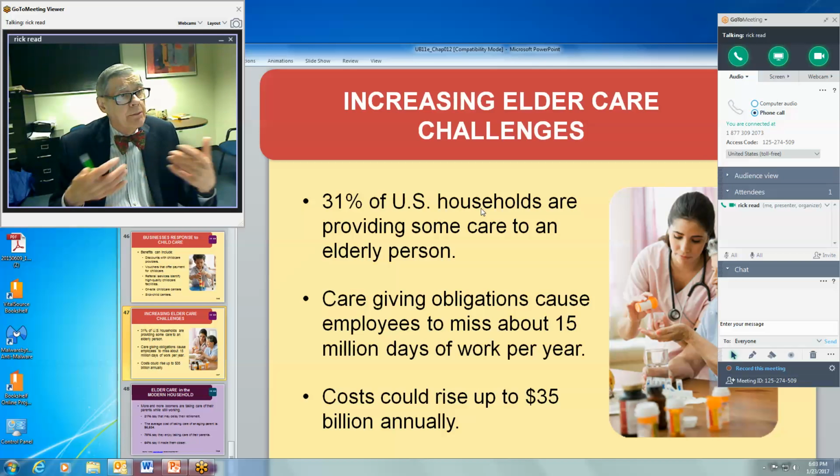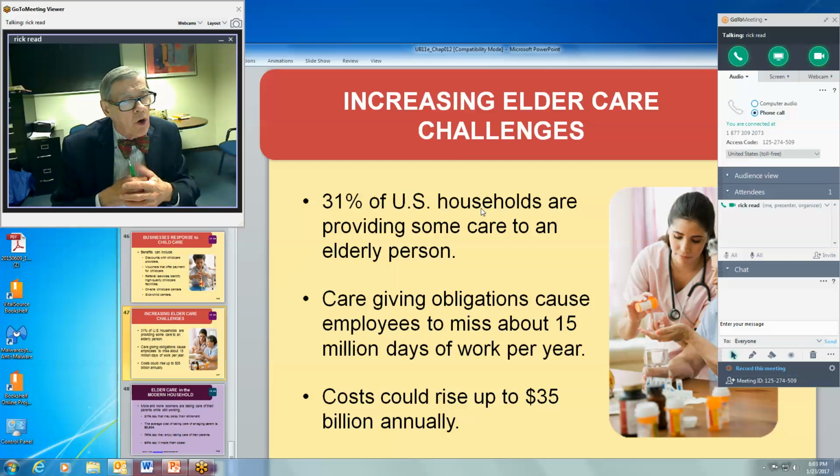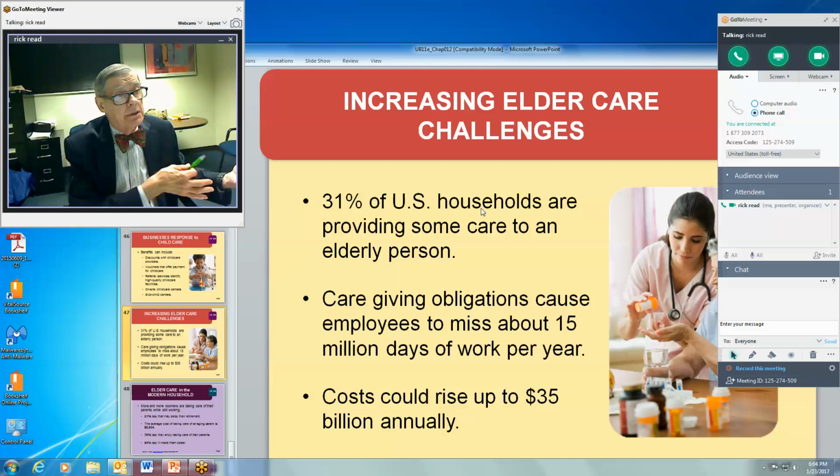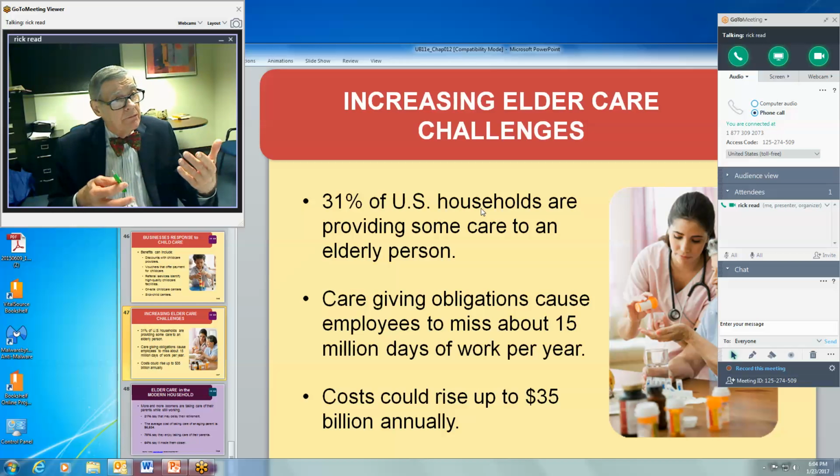It's something that misses about 15 million days of work per year. We have an aging population, and that's not going to change in the foreseeable future. It's also something we need to think about for the people coming into the workforce that have children that need daycare. Very important, and something we really need to stop and pay attention to.